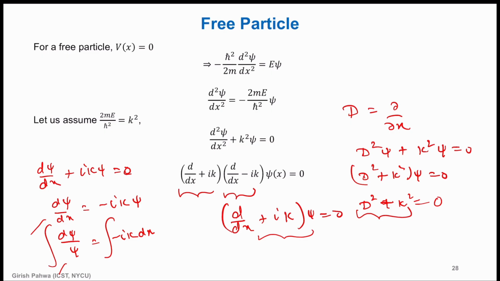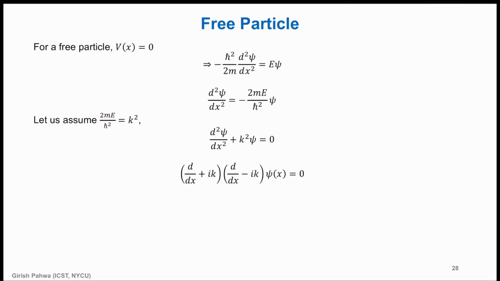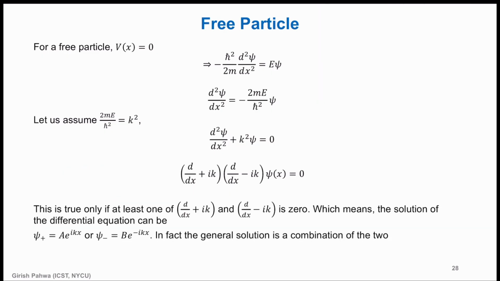So from this, let me just write down the solutions that we will get. Corresponding to this plus, when I solve this one, I get something like this. Let me write it as psi plus equals A into e to the power iota kx, and corresponding to this I get psi minus, which is this. So you will get two types of particular solutions.